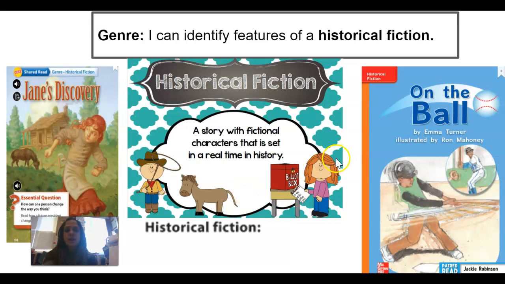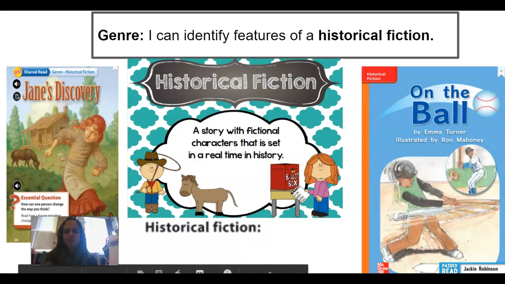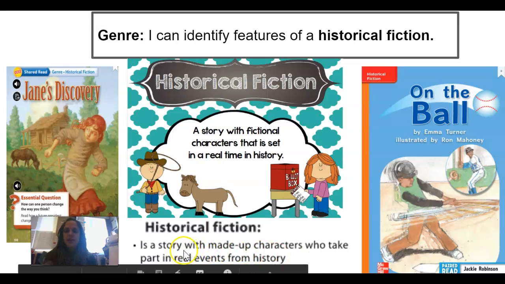There is also a real historical event that takes place where people vote. This is a fake character doing something real, voting. A historical fiction is a story with made-up characters who take part in real events from history.